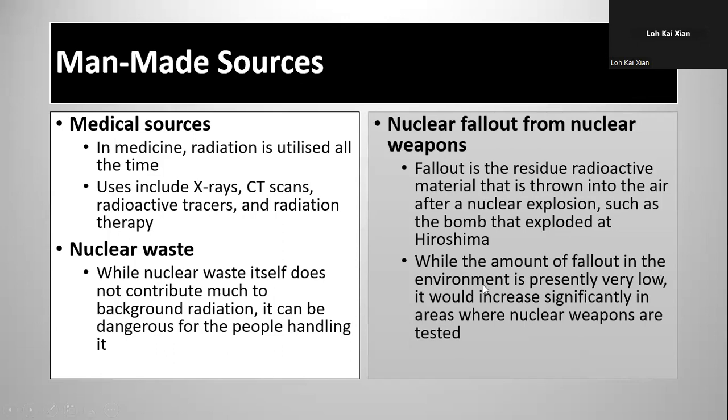While the amount of fallout in the environment is presently very low, it will increase significantly in areas where nuclear weapons are tested. If you are far away from where the nuclear weapon is tested, you don't have to worry. Just like last time when the French did some nuclear weapon testing in the Pacific, New Zealand people were very angry. They sent their ship there to stop them.